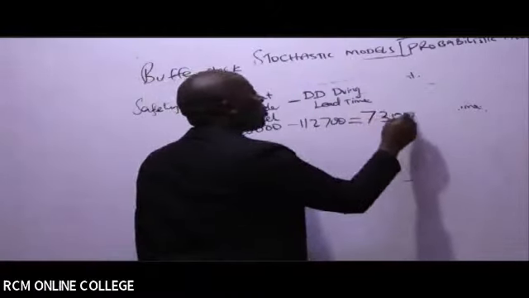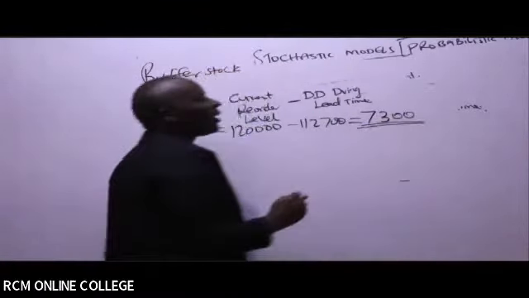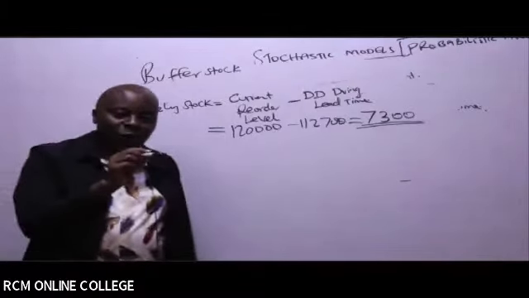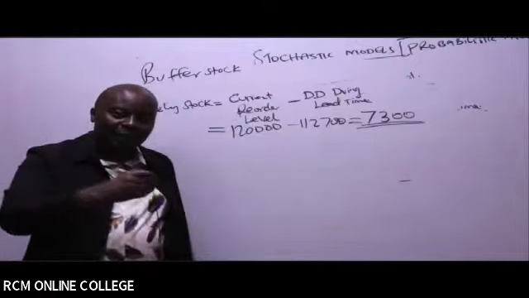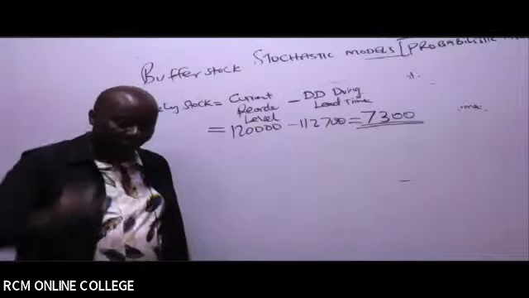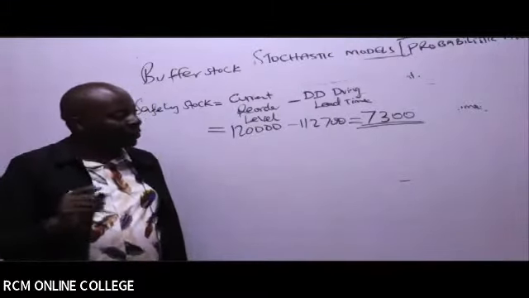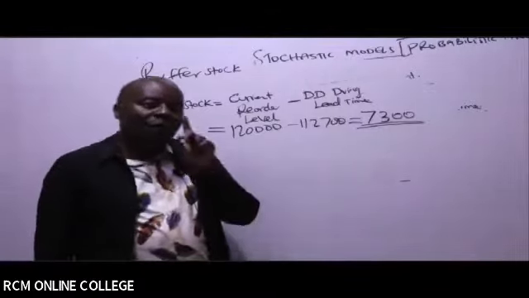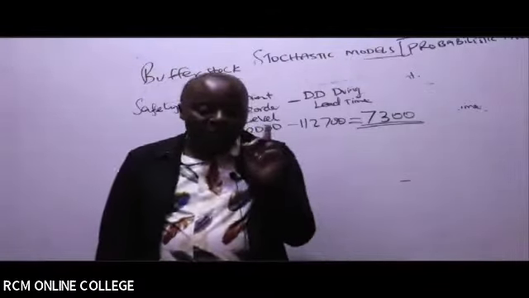Especially for those of you who are working in sensitive institutions like hospitals, you cannot afford to have medicine just along the edge. We need to keep something a little bit more. So 7,300 is our safety stock. That stock we are keeping without an intention of consuming.